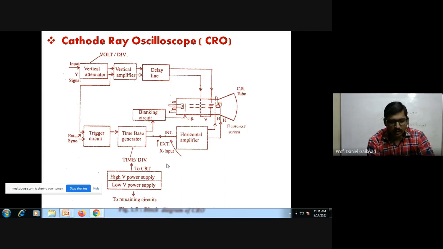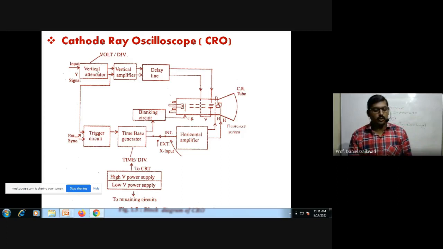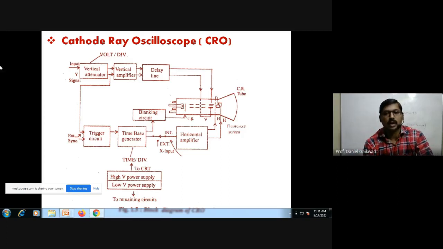And check carefully, we have the input signal, and with the help of the vertical attenuator, first of all we reduce the amplitude, or the strength of the signal. Then it is amplified, and the amplified input goes to the delay line, and after the delay line it is connected to the vertical deflection plates of the CRT.